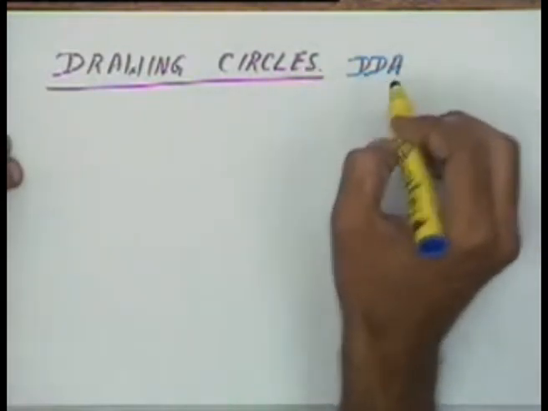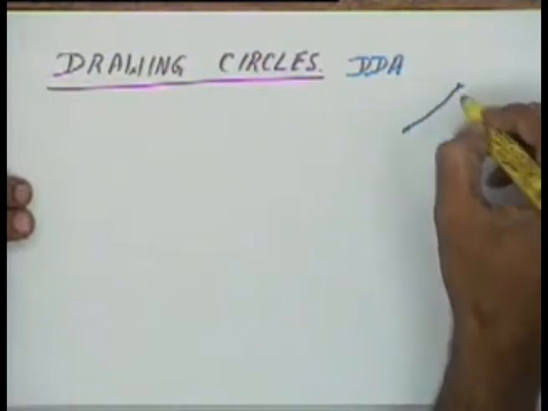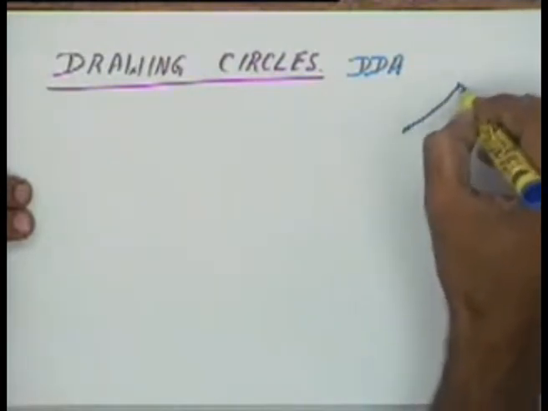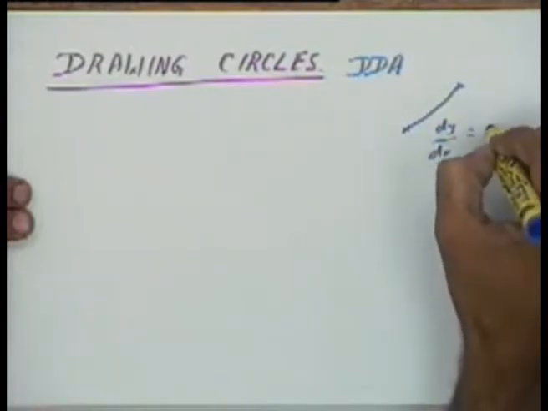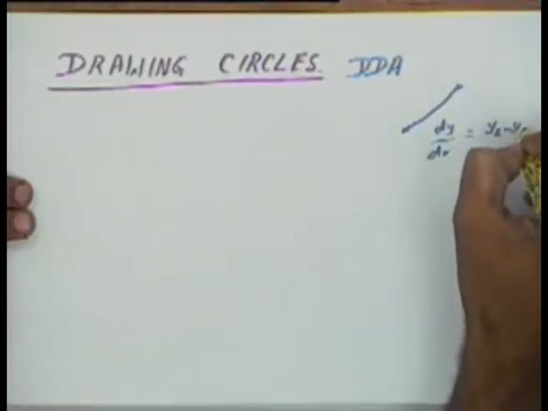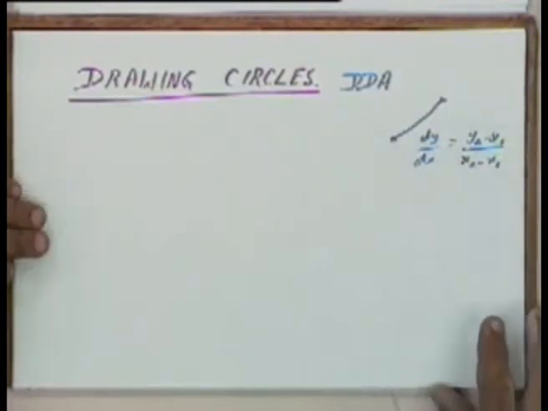In this DDA algorithm, when we were drawing a straight line, we had said that the slope was equal to a constant, which was y2 minus y1 divided by x2 minus x1.